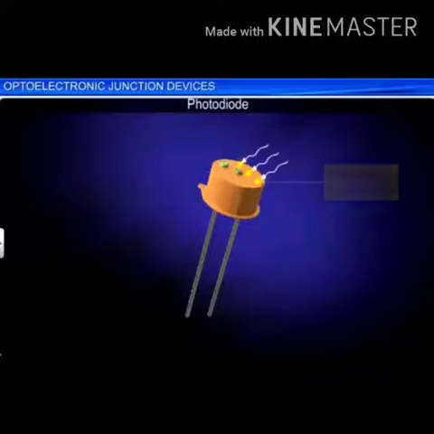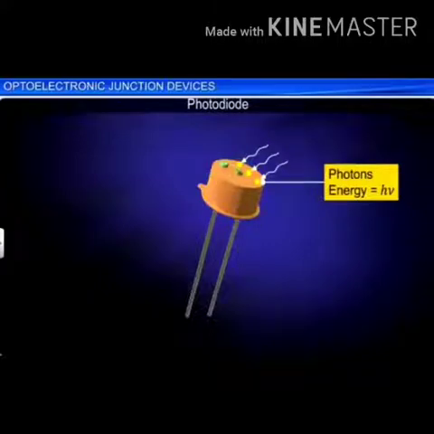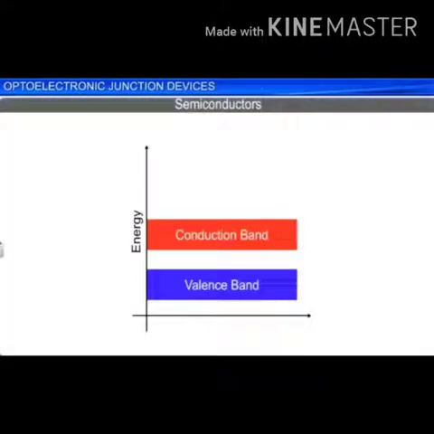When a photon of sufficient energy hν strikes the depletion region of the diode, some of the valence band electrons are elevated into the conduction band. In turn, holes are developed in the valence band. This creates electron-hole pairs. The amount of electron-hole pairs generated depends on the intensity of light on the PN junction.